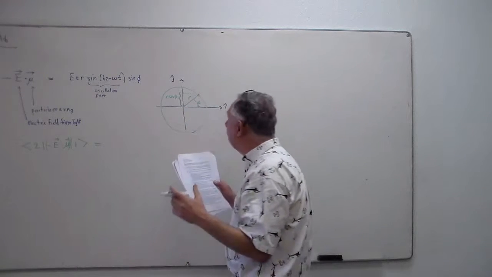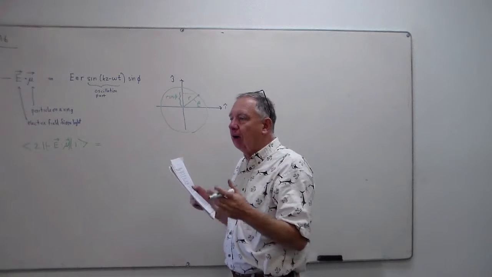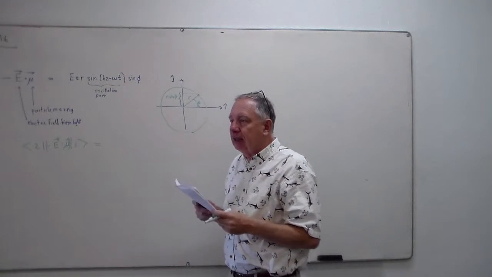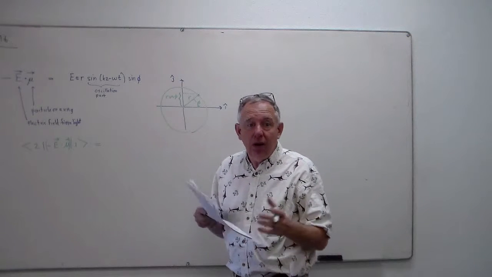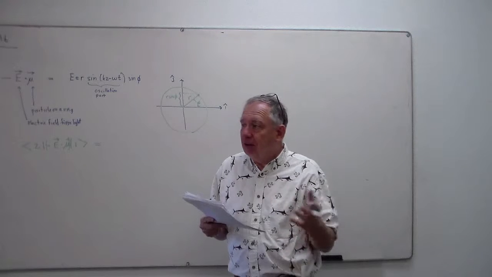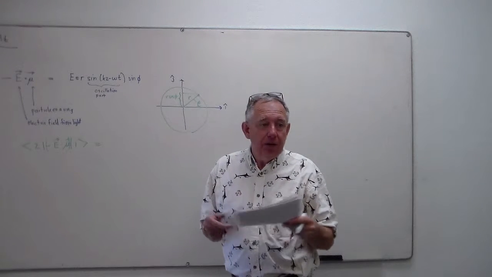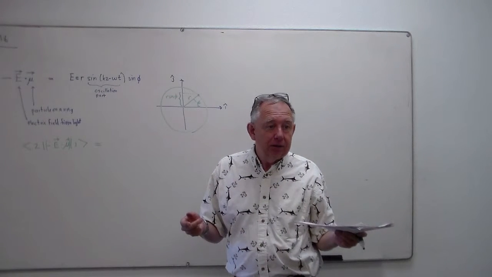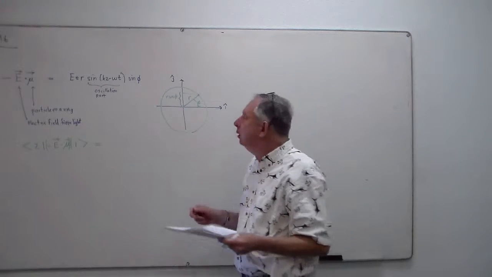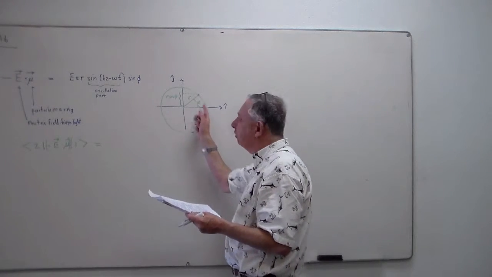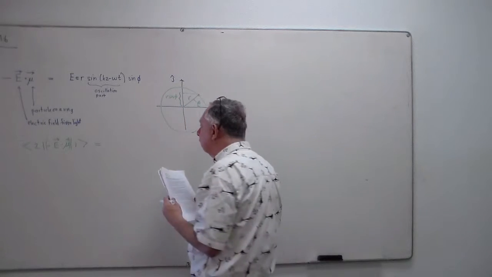And by the way, what is the only coordinate for particle in a ring that changes? There's only one coordinate that changes during the problem. Is the radial part fixed? Yes, the ring radius does not change. So the only thing that changes is the angle phi, okay?